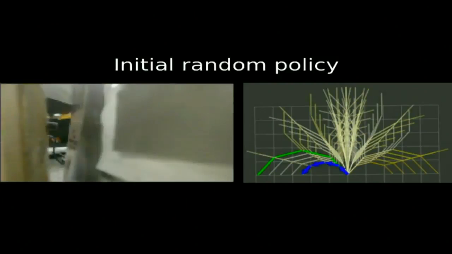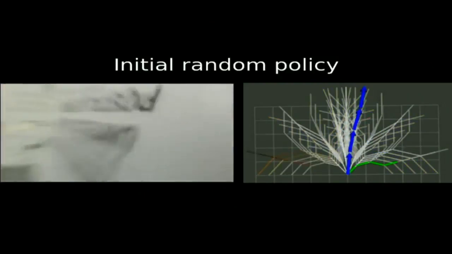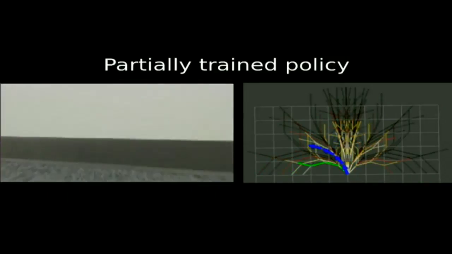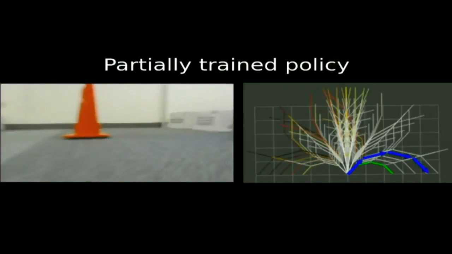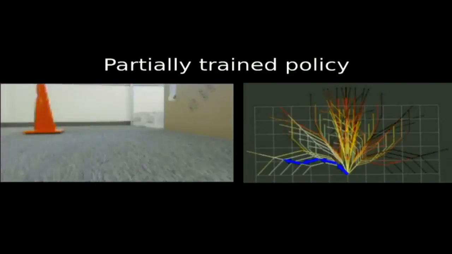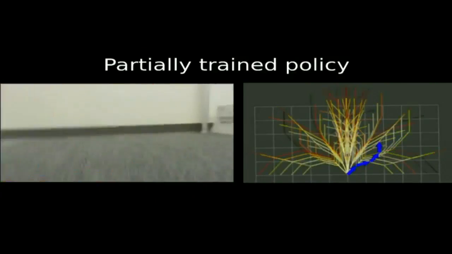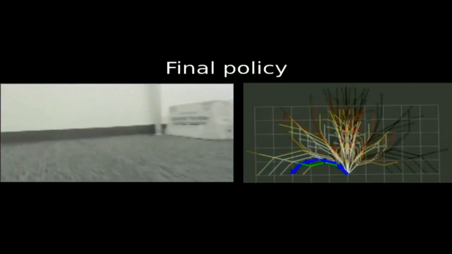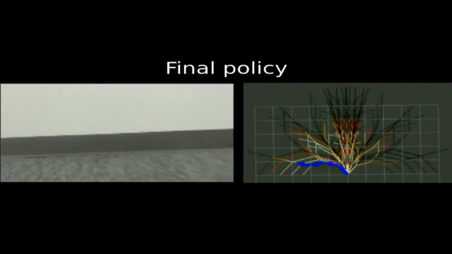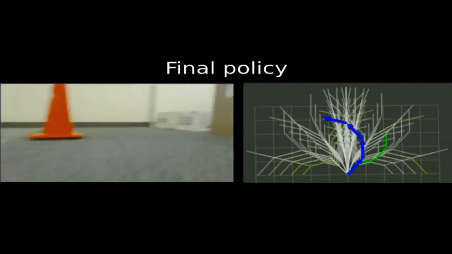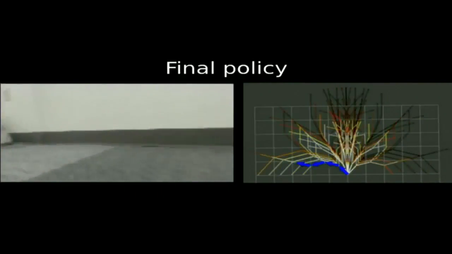The initial random policy had a lot of collisions, as you can see here. During training, it slowly learns to avoid collisions, and when making collisions, it avoids making those collisions at high speeds. The final policy is able to very quickly maneuver around the obstacle.